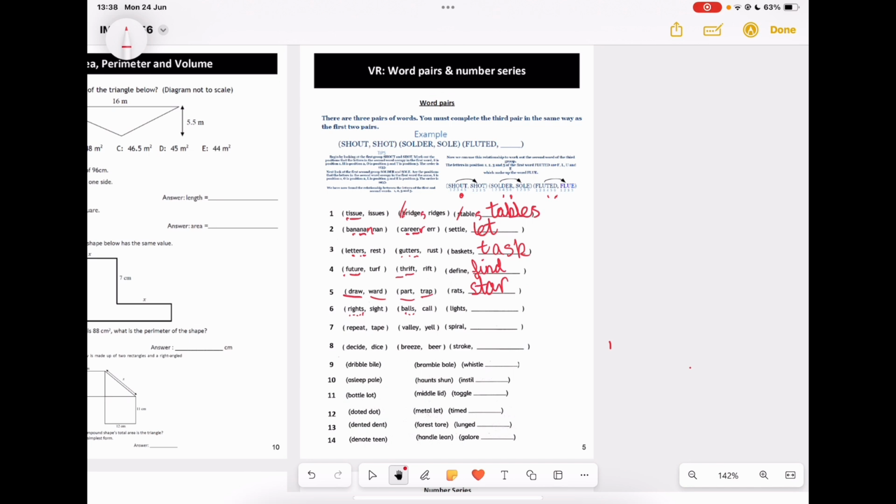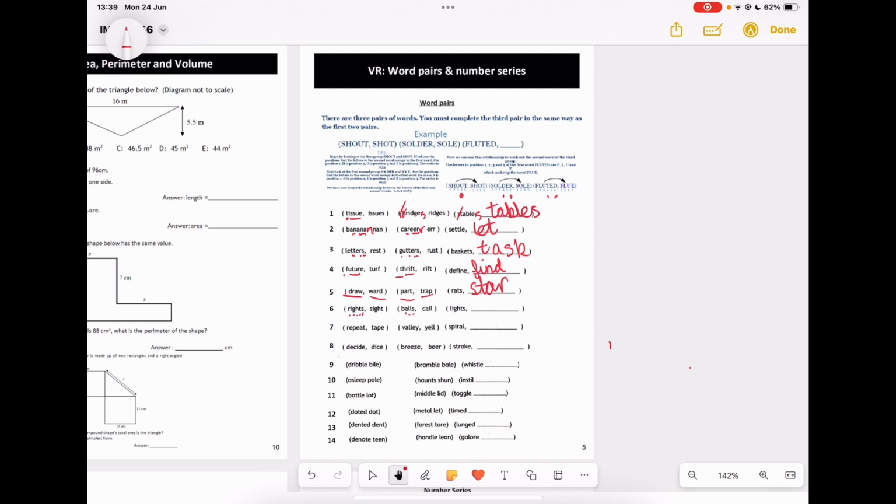So rights, site, balls, cool. I see. So what it's taking is the letter in front.